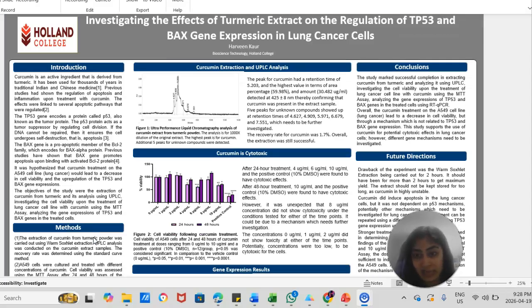So both of the genes that I'm researching should upregulate upon the treatment of curcumin, which is a turmeric extract. This is what I'm hypothesizing. And the cell viability, the cell survival, should decrease upon the treatment of curcumin, with the upregulation of these two genes, is what I'm expecting.